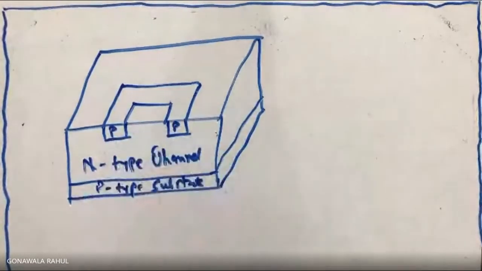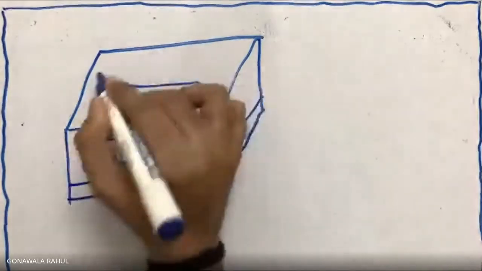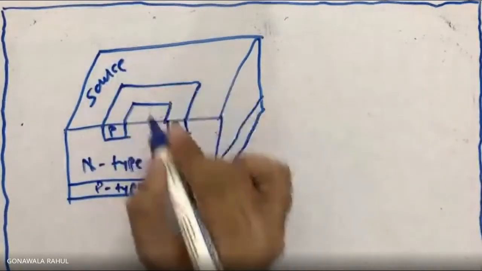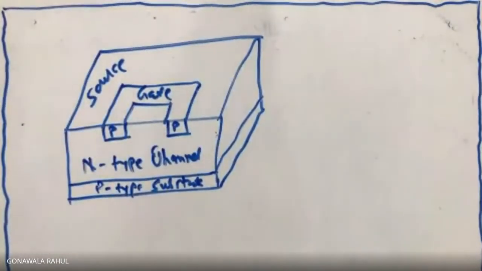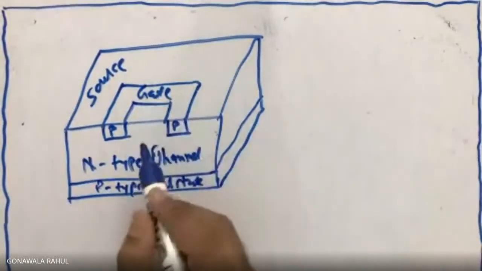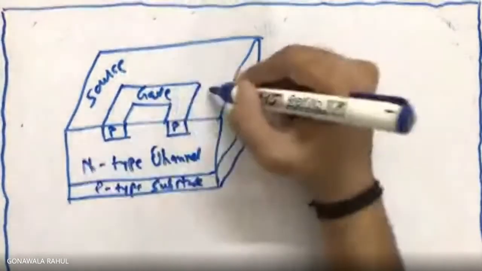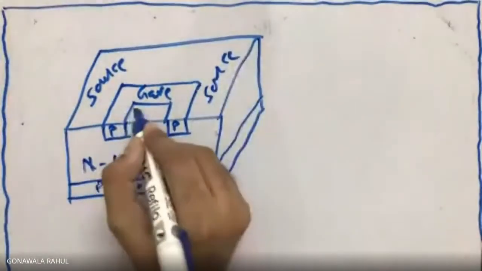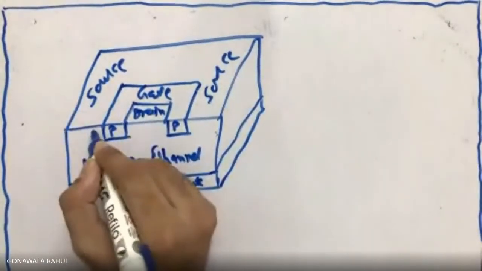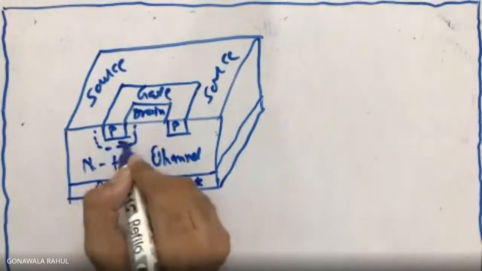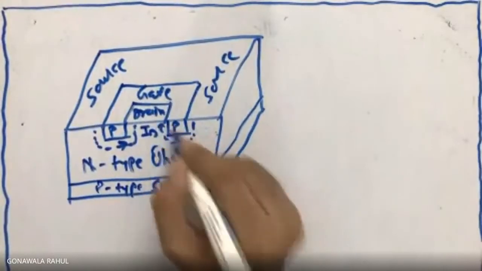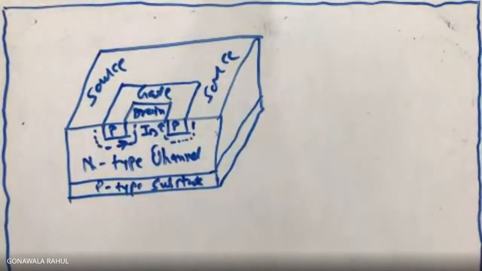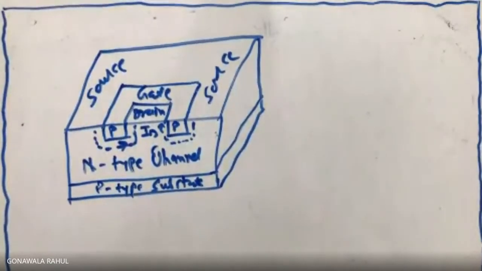P-type diffusion has been done. This is my source, this is the gate, because the diffused P-type is connected internally. So this is my gate terminal, this is the source, and this would be the drain. The current flow direction would be like this, ID, entering from the source and leaving at the drain. So this is the single-ended geometry of a JFET.